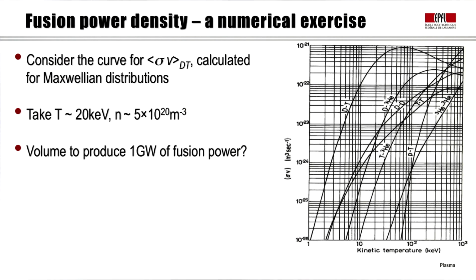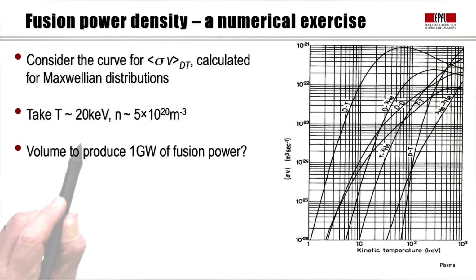Before proceeding to more complicated power balance exercises, I'd like to do a brief numerical exercise. Here we consider the curve for the reaction rate calculated for a Maxwellian distribution, in fact for two Maxwellian distributions, for both deuterium and tritium. This curve is expressed as a function of the temperature of the plasma.